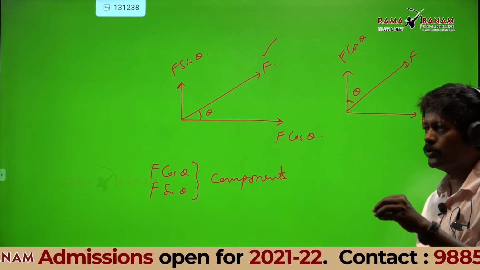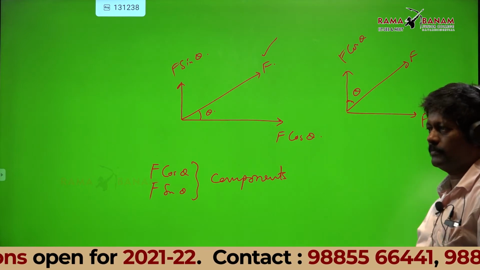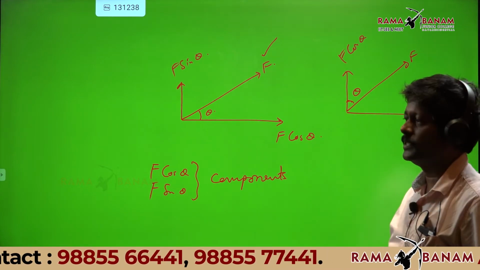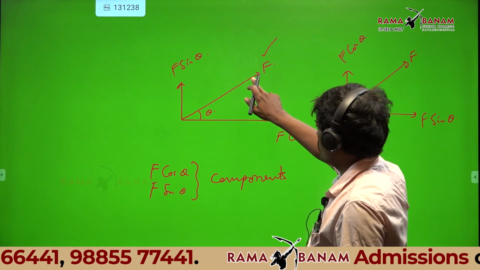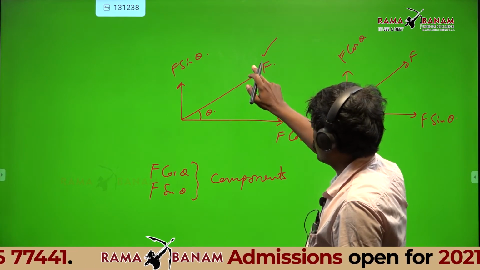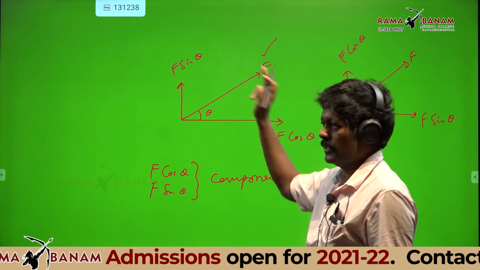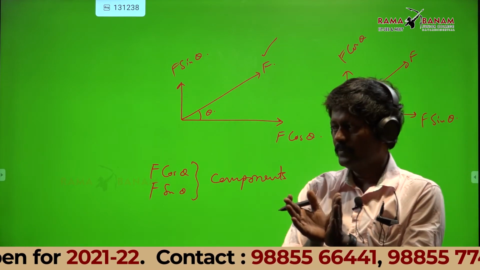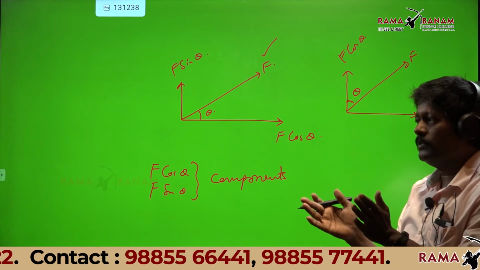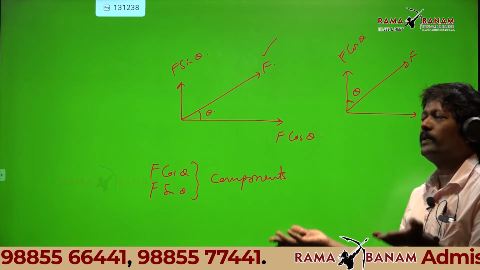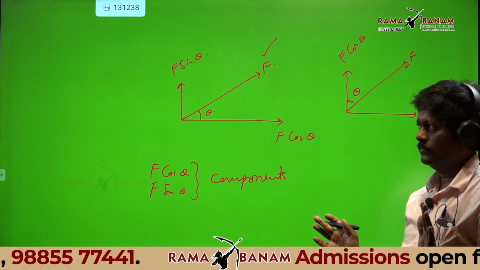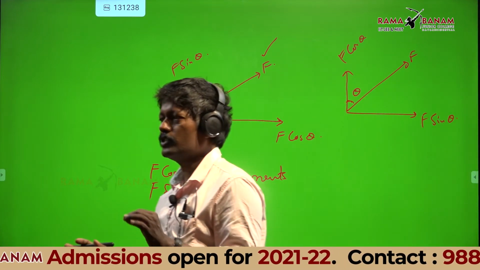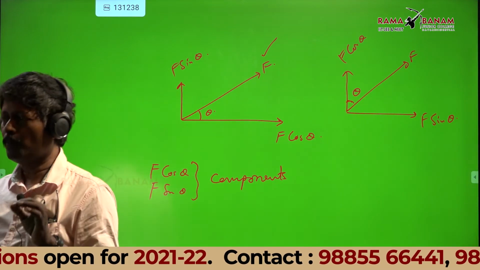Sometimes we will be required to split the original vector into components. So these are called rectangular components. Now the question is, why you are splitting? You know the answer, to make the sum easy. So keep in mind, to make the problem easy, we split a vector into components.